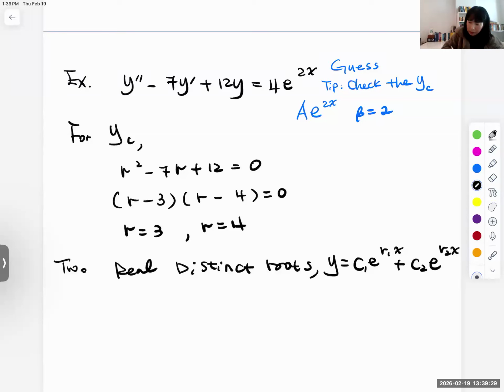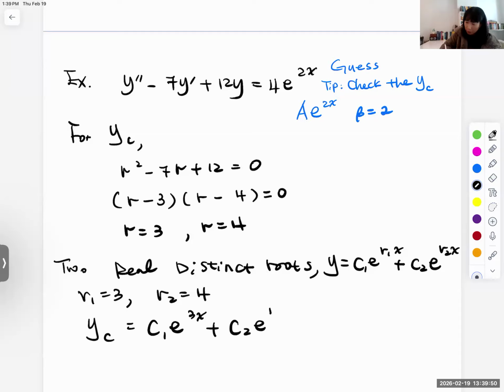So in that case, r sub 1 equals 3, r sub 2 equals 4. So we have y, and the general solution will be the complementary solution, right? So we're using that: c sub 1 e to the 3x plus c sub 2 e to the 4x. Yeah. Okay.